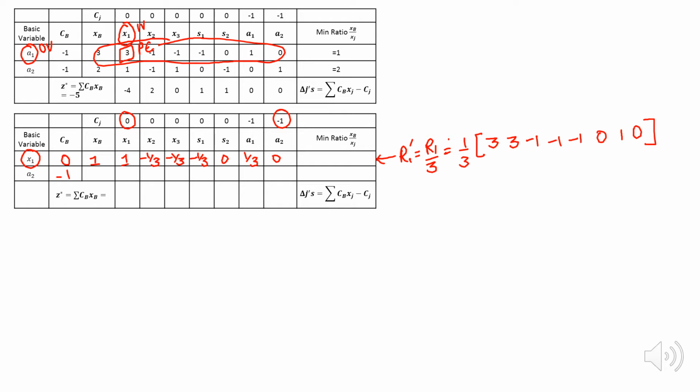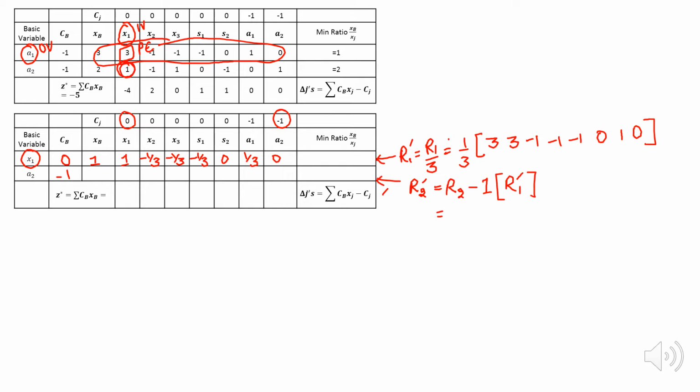Next thing is, what will be the value in the other rows? In the other rows, the new row will be equal to the old row minus the pivot column element, that is 1 of that row, 1 into your new pivot row, that is R1 dash.